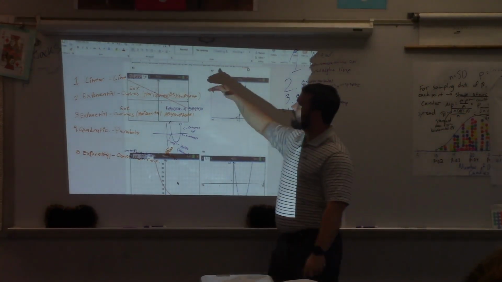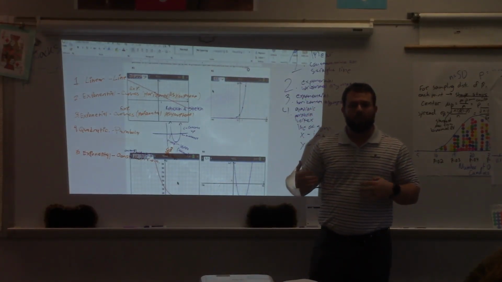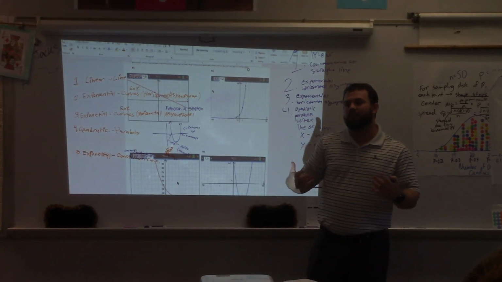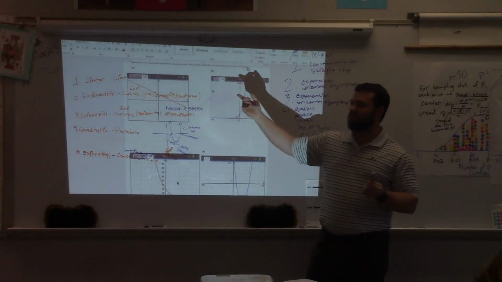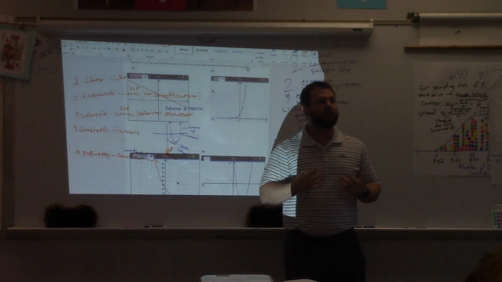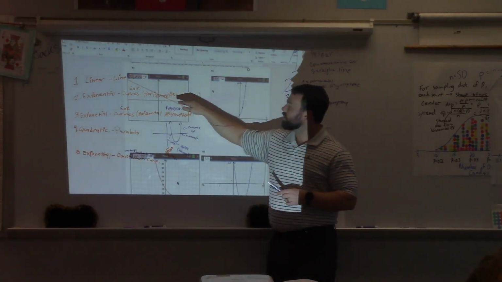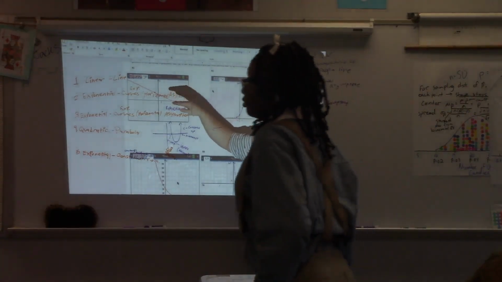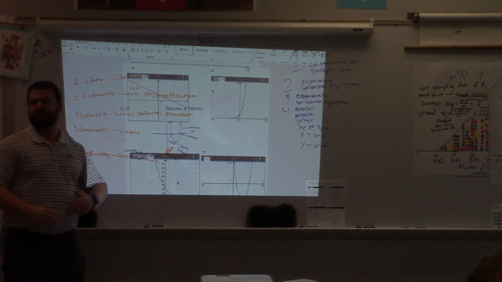Number 1 right here. One of the most common things that students like to do with number 1 is they say, oh, it's a linear function because of what rate of change, Dean? Constant additive. Okay. Now here's the thing. A linear function does have a constant additive rate of change, but if you look at this graph, no. Only linear functions have a constant additive rate of change.